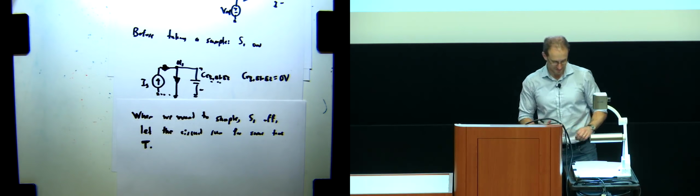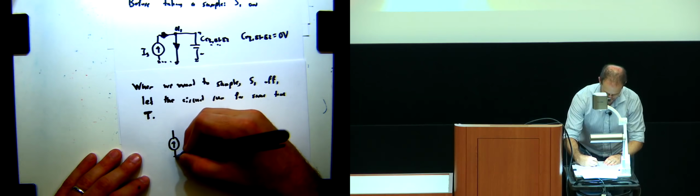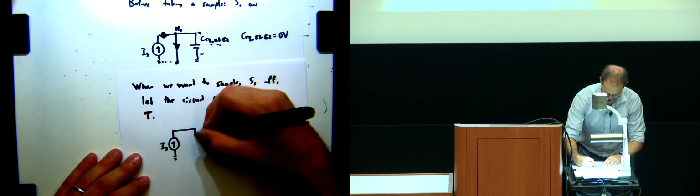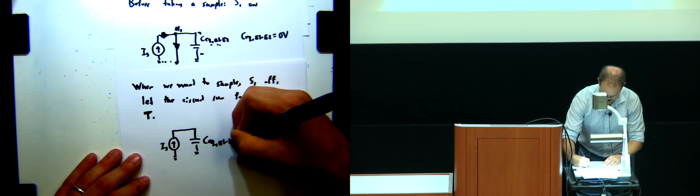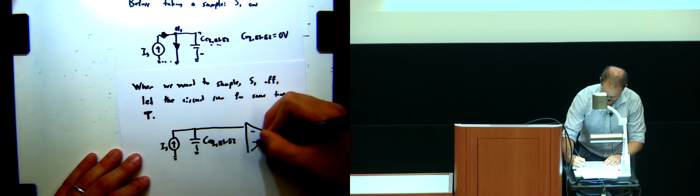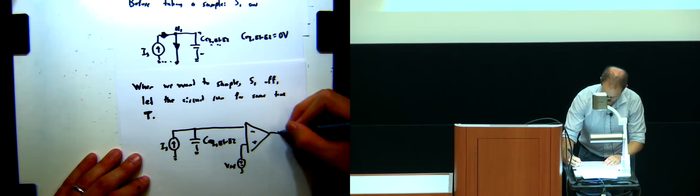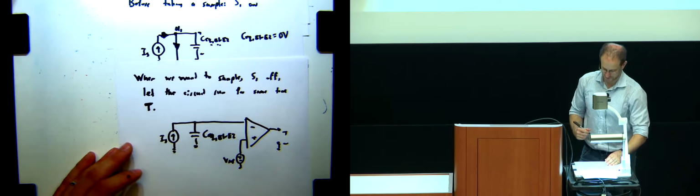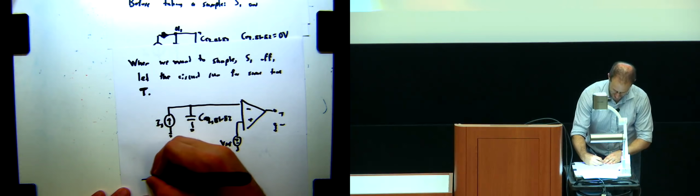If I just redraw the circuit, now I'm going to have this IS, the capacitor, and of course the comparator out over there. So now life is pretty easy, right?